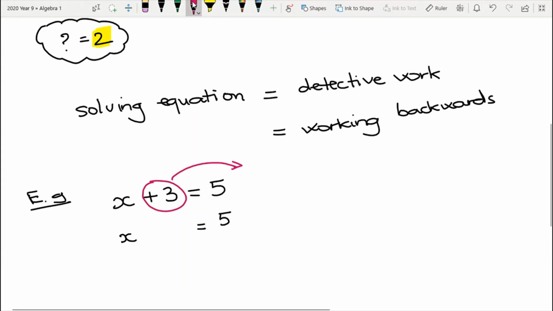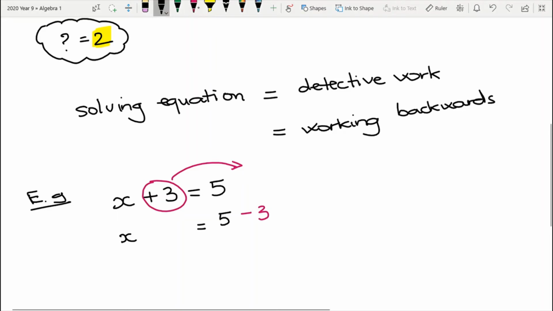When you move the plus 3 to the right hand side, you're trying to unfold the story. You're doing the opposite of what is being given to you, which is plus 3, so the opposite is minus 3.